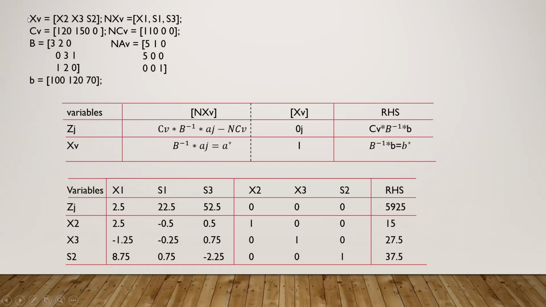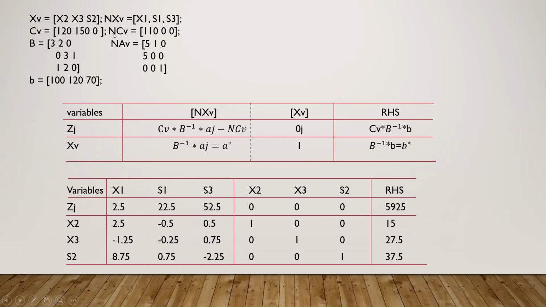You notice that what you're considering are the basic solutions for this iteration. This is XV, which contains X2, X3, and S2. Then we have the non-basic matrix, which includes X1, S1, and S3. Here we have the CV, which is 120, 150, and 0.